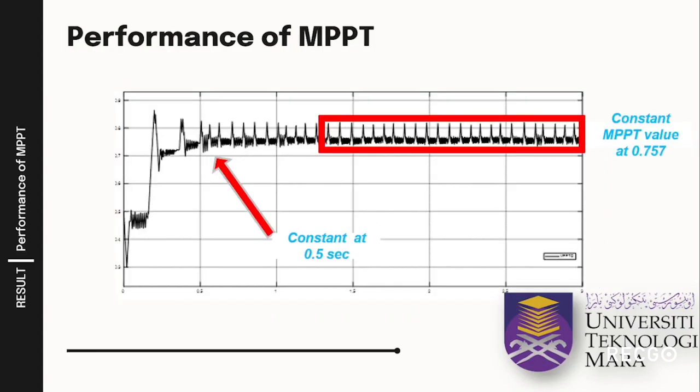The transient nature of the MPPT controlled PV unit is studied. The maximum value obtained from the system reached 0.87, while the RMS value maintained 0.7457.